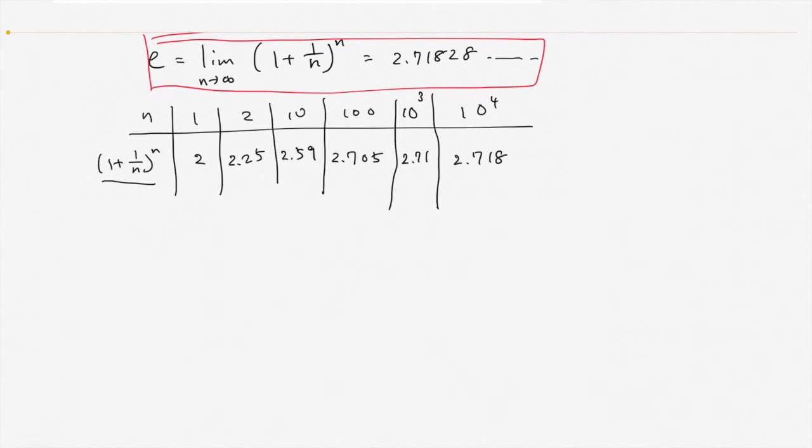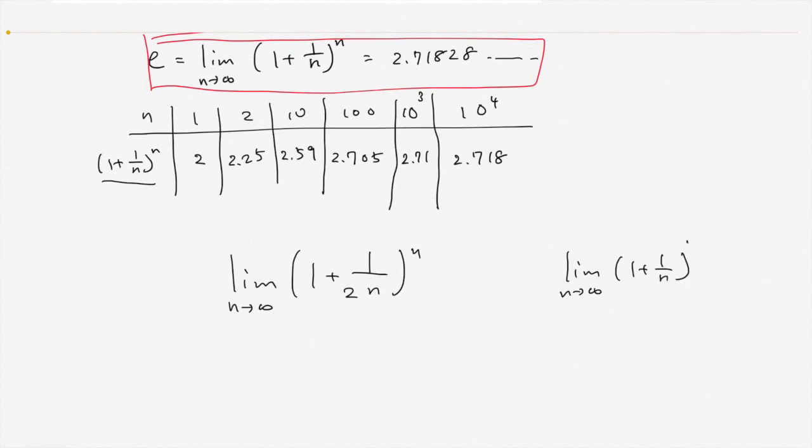Today's question is the limit as n goes to infinity of (1 plus 1 over 2n) to the power n. If you compare with the definition of e, (1 plus 1 over n) to the n, it is a little bit different.